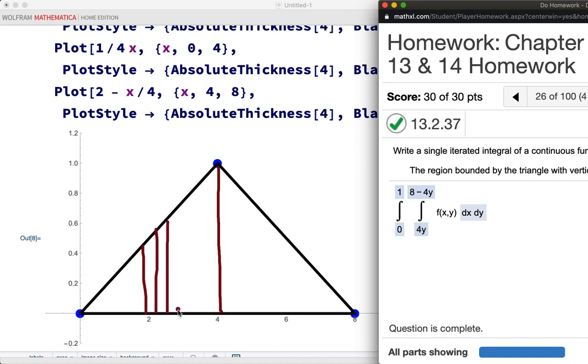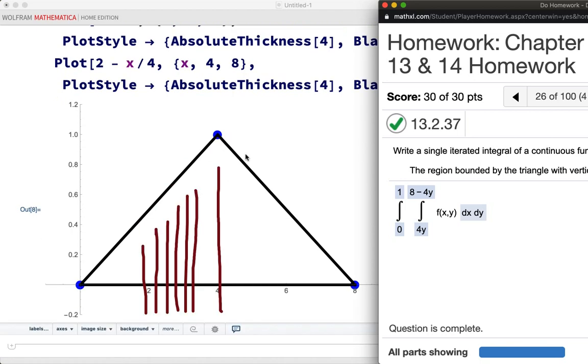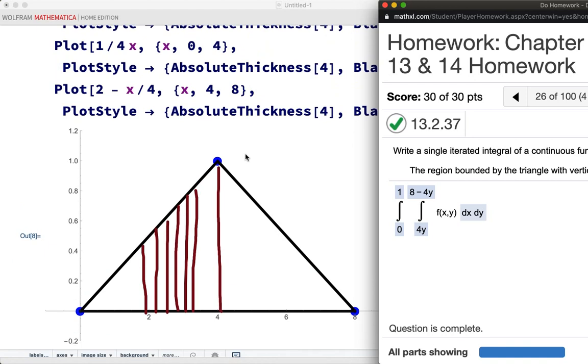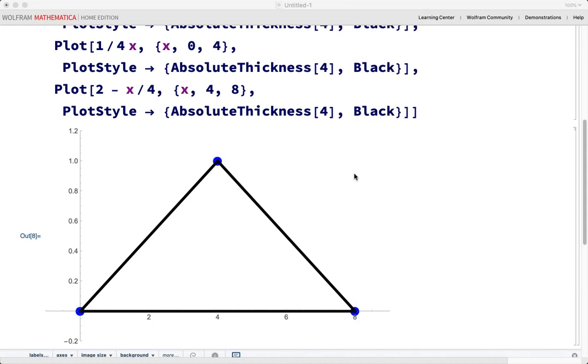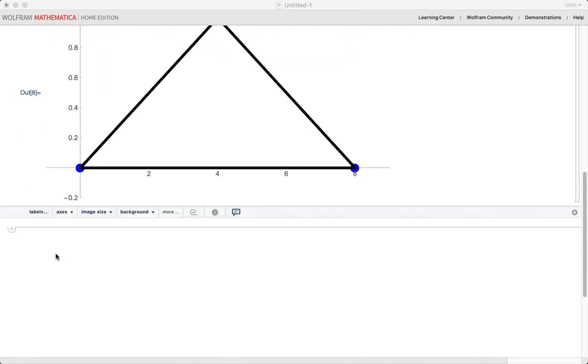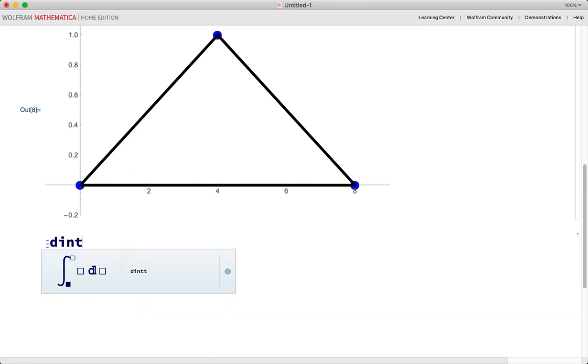Notice my strips are actually parallel to the y-axis. So let me write it like this. It might be a little bit easier.